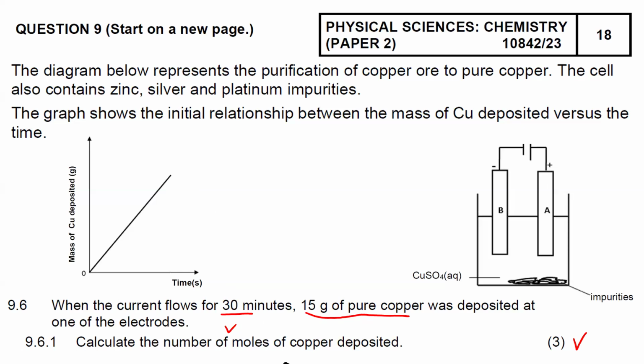I'm giving you 2 minutes, Nombuso. What formula are you going to use, Nombuso, to calculate the number of moles of copper deposited? The current flows for 30 minutes, 15 grams of pure copper was deposited at one of the electrodes.